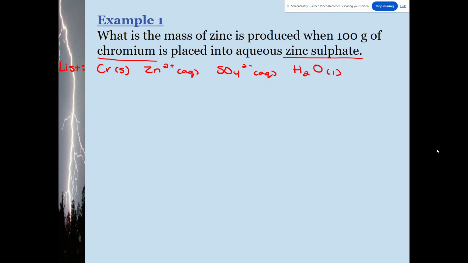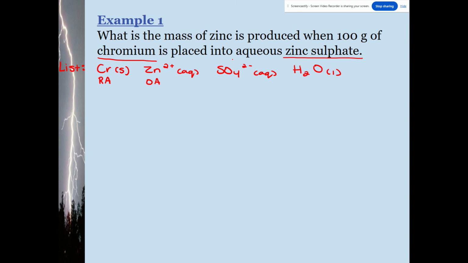Now, after we list what we have present, we identify everything in our data booklet as an OA or an RA. Again, OA means oxidizing agent, RA means reducing agent. When you check your data booklet, you're looking at the one that is present on the left-hand side of the chart on page 7 as your OA, and the one on the right-hand side is your RA, okay?